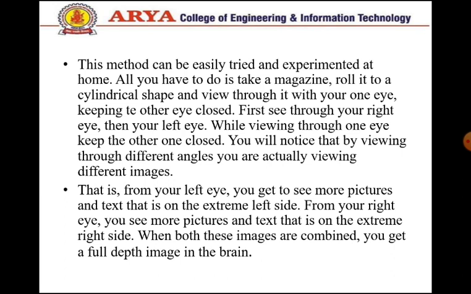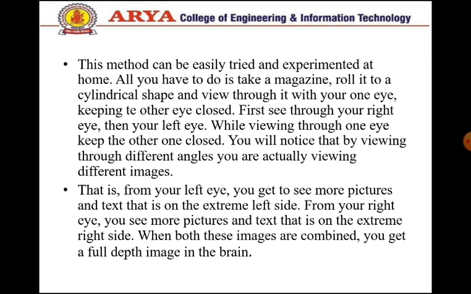All you have to do is take a magazine, roll it into a cylindrical shape and view through it with one eye, keeping the other eye closed. First see through your left eye, then your right eye, then your left eye again. While viewing through one eye, keep the other one closed.